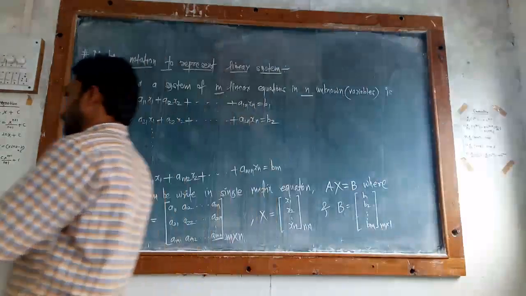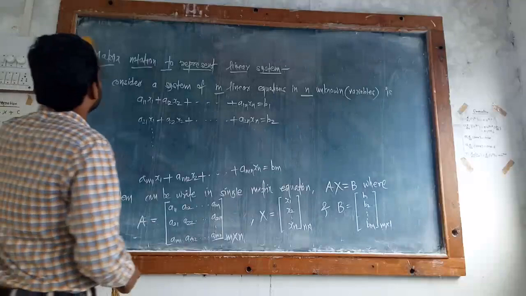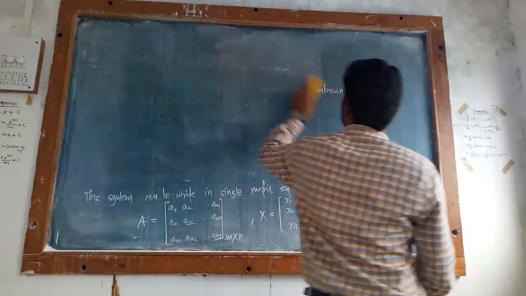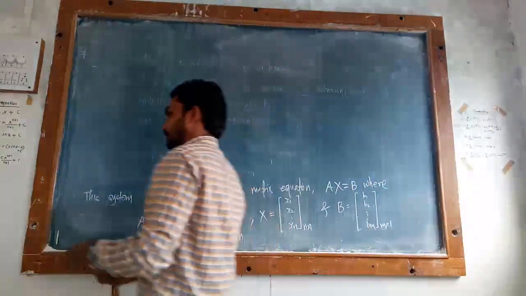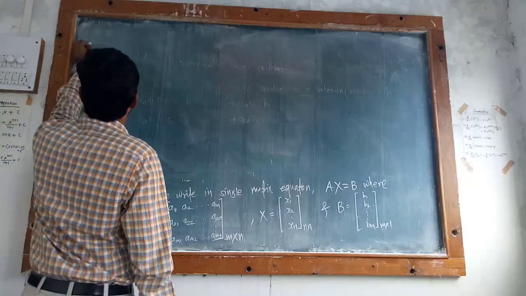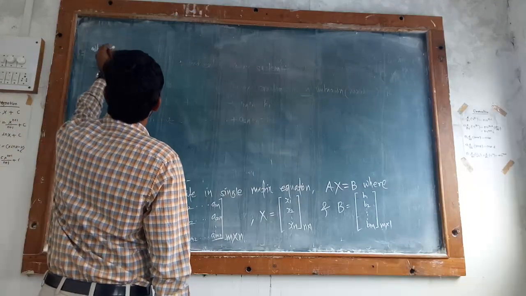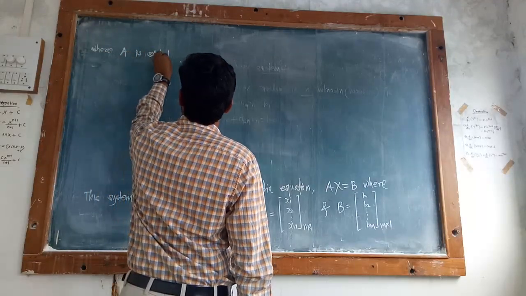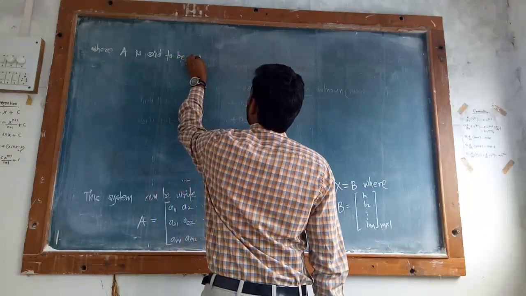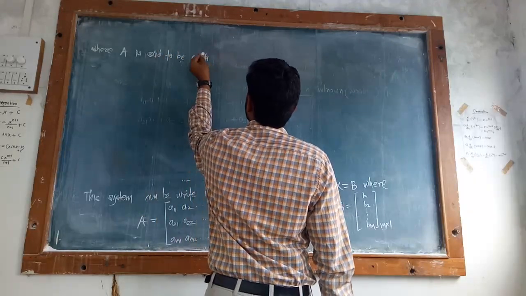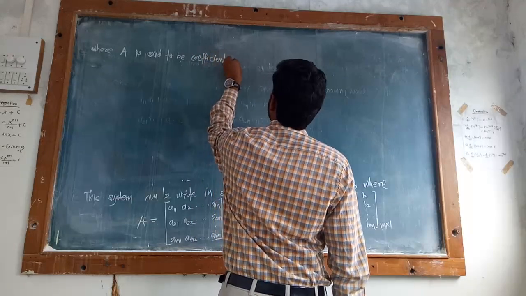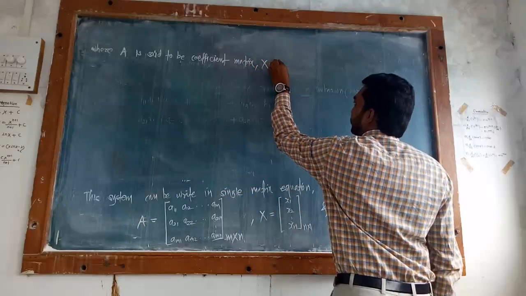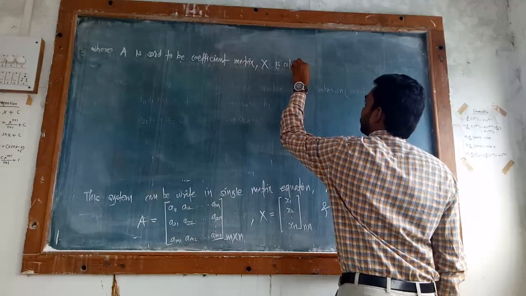Okay, so write down. Due to space problem, I am using this one, where capital A is said to be the coefficient matrix.